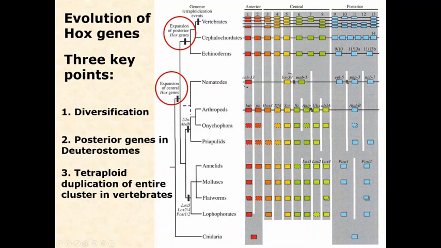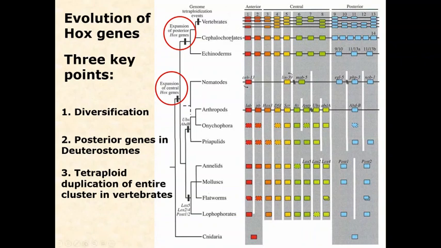And notice that for the vertebrates, we have 4 different lines. So it appears that this duplication was most likely a fourfold duplication of at least the chromosome upon which the Hox genes are found, maybe even the entire genome of an early vertebrate.